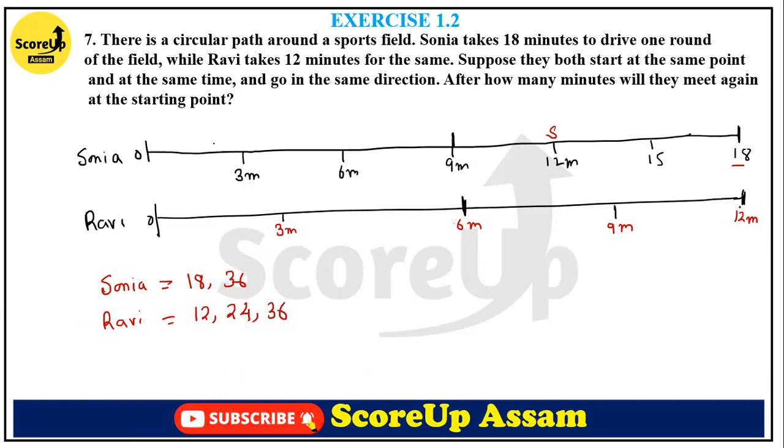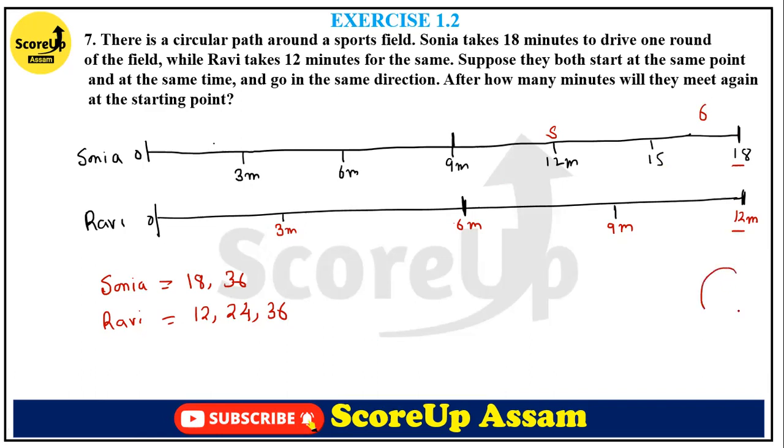So the time difference is 6 minutes. So Sonia takes 6 minutes more, right? Now again after 12 minutes, Ravi will complete the second rotation.